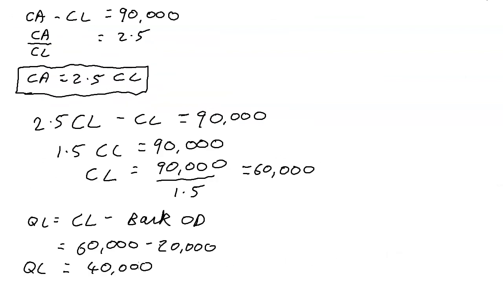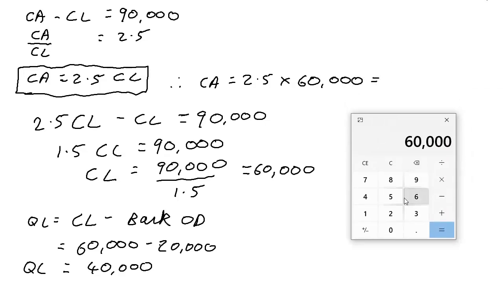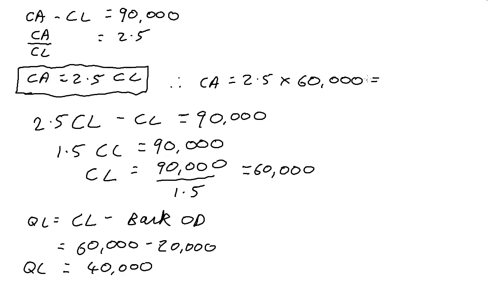If I want current assets, I know that current assets is equal to 2.5 current liabilities. Therefore, current assets is equal to 2.5 times the 60,000, which is 60,000 multiplied by 2.5, which is 1,50,000. So I can go to the balance sheet.